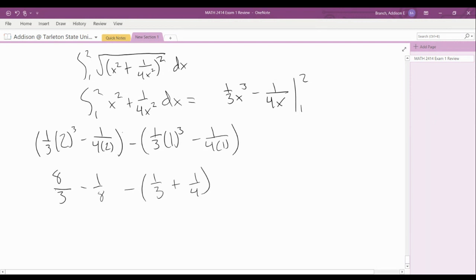And then we eventually get 7/3 plus 1/8 once we simplify. If we cross multiply, we get 56 over 24 plus 3 over 24, which is 59 over 24. And that will be our final answer.